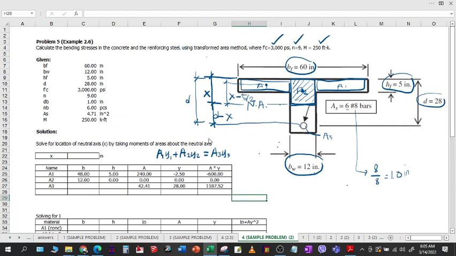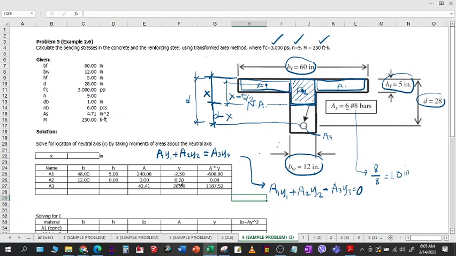Okay? So, to calculate that one, let me transfer the area 3 to the other side. Area 1, Y1, plus area 2, Y2, minus area 3, Y3, that will be equal to 0.